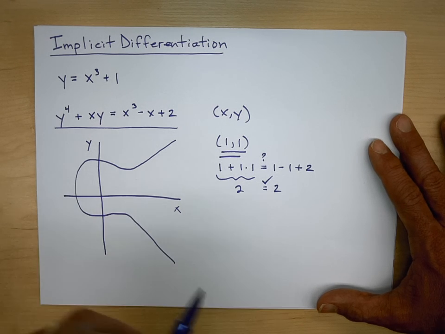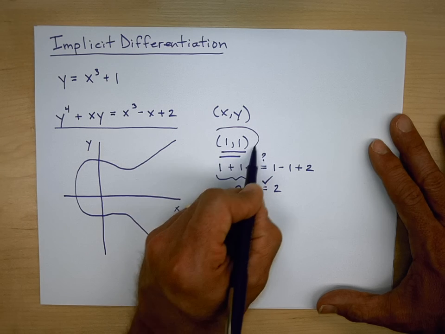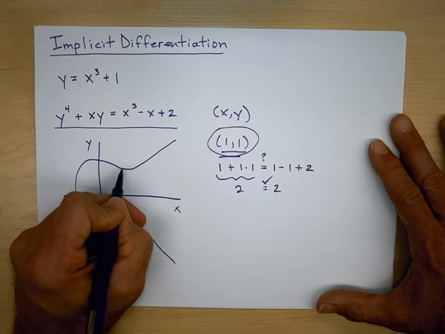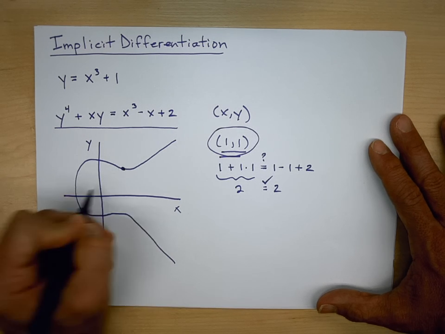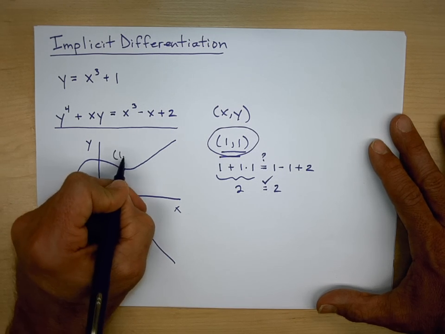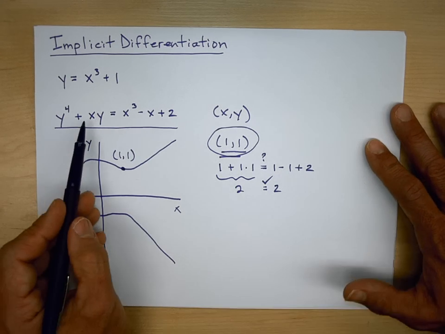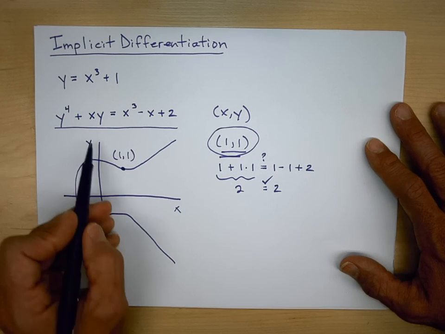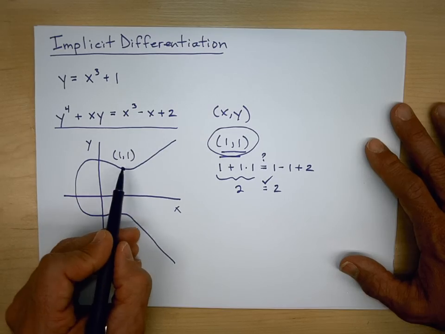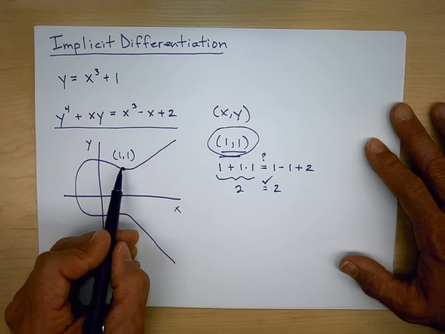But we could still ask the question, what is the equation of the tangent line? Let's say right here is the point (1, 1). We could still want to know the equation or the slope of the tangent line. What's the instantaneous rate of change of this curve at (1, 1)? How is it changing with respect to x and y?